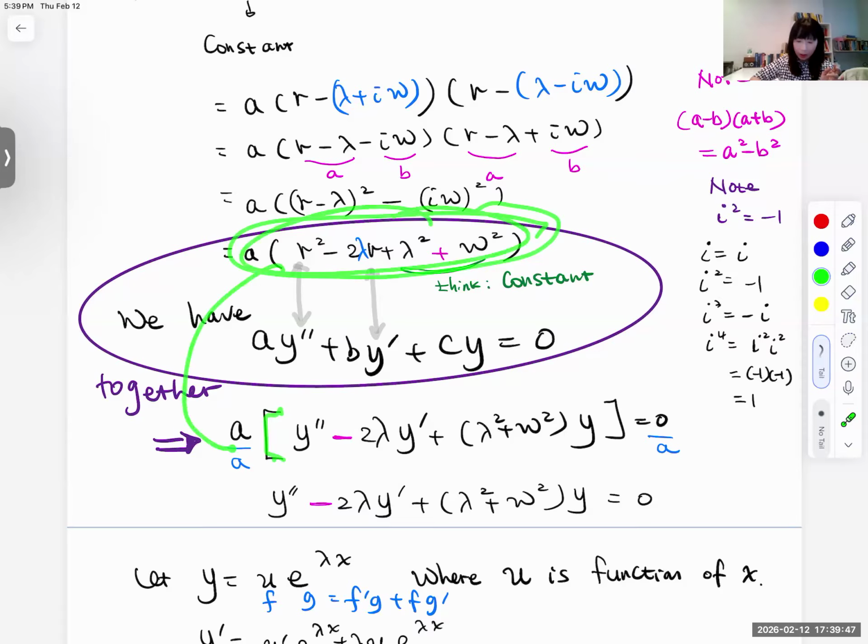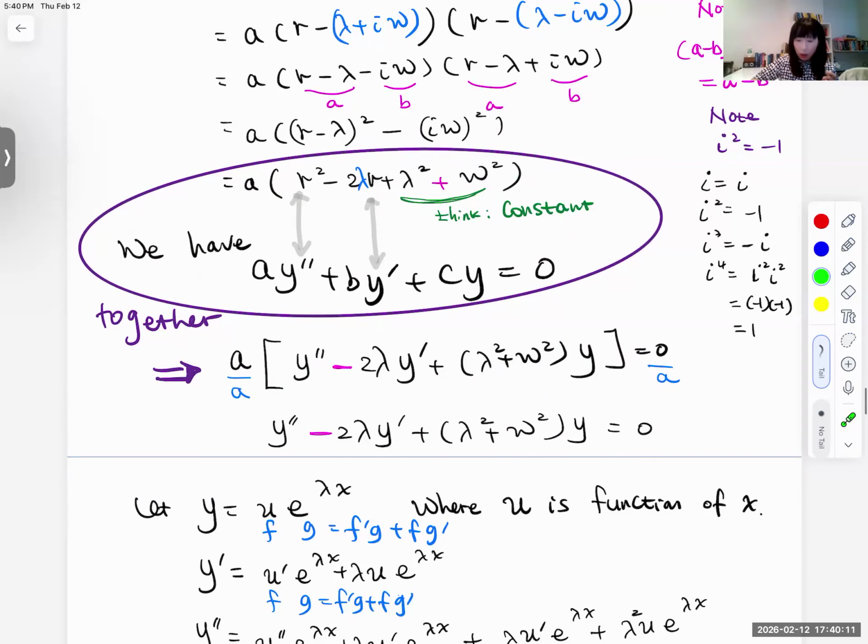So R squared is y second prime, minus we keep this 2 lambda R, which is y prime, and omega squared plus lambda squared, which is a constant. So we can keep that constant with y. Yeah. Now make it equal to 0. Then we divide by A, both sides. Then we have whatever is just inside, right?